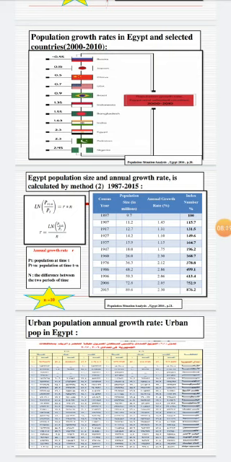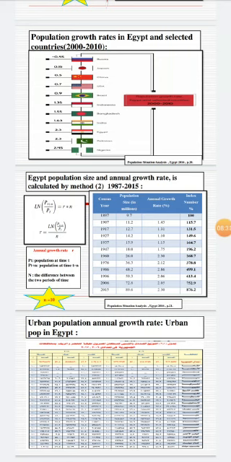By this we finish topic 1, which is urban population growth rate. We have two methods. Method 1, when the difference between two periods of time is only 1 year. Method 2, when the difference between the two periods of time is more than 1 year.